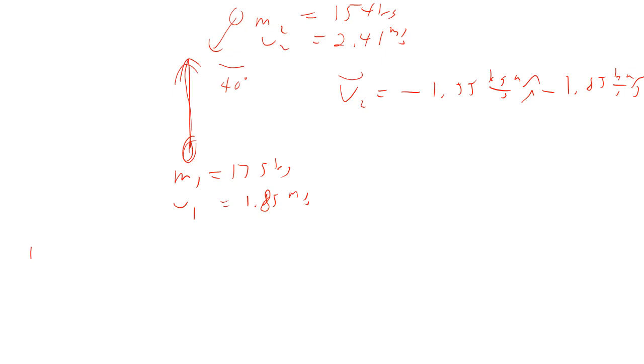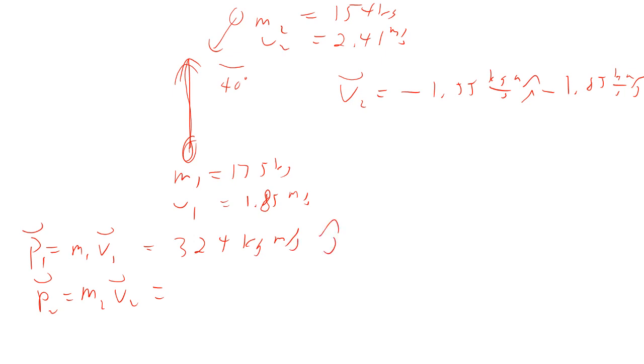Okay, so momentum 1 is mass 1 times velocity 1, and momentum 2 is mass 2 times velocity 2. The first one didn't change. That's still going to be equal to 324 kilogram meter per second J. Now we have minus 239 kilogram meter per second I minus 285 kilogram meter per second J. So the only difference is we changed that sign right there.